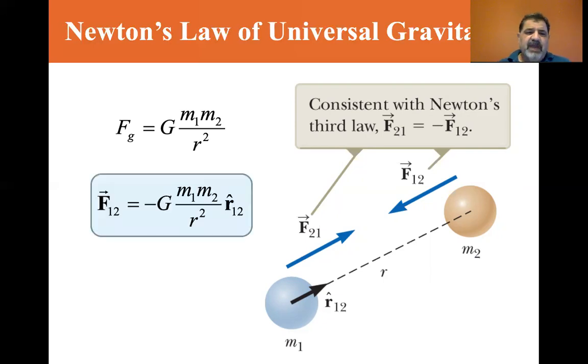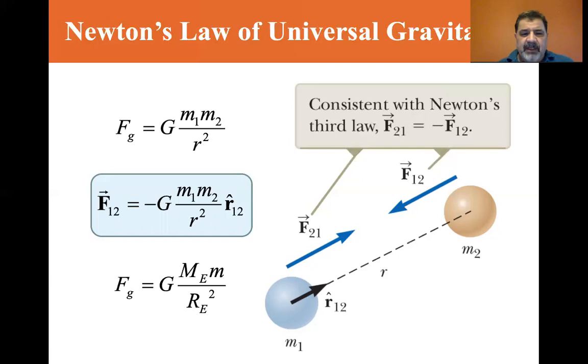Okay, this is it in vector form, where r12 is the unit vector in the direction of mass 1 to mass 2. And when you have a large mass like the Earth, you can imagine it as all of that mass being in a single point, located at the center of mass.